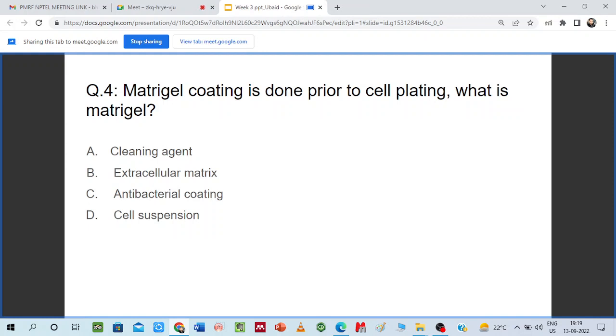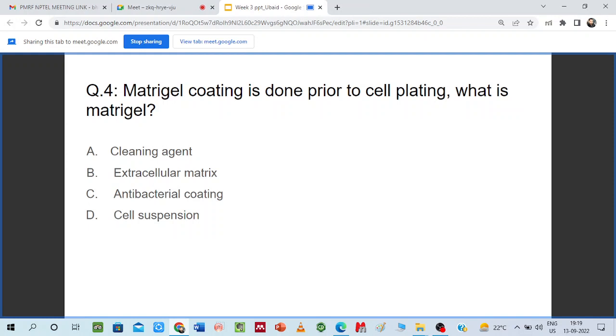So if we want to grow the endothelial cells in the cell culture, this Matrigel is used as a coating in the cell culture plates, and this coating gives the microenvironment for the endothelial cells, which simulates the environment of our body where endothelial cells actually grow.